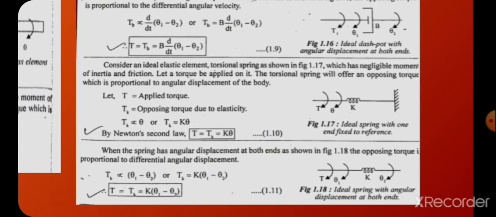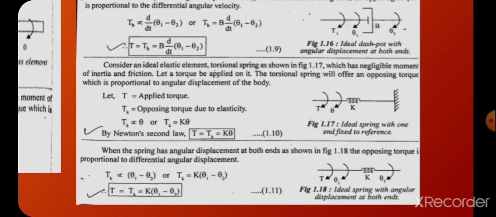So next we are considering that when we are applying a torque capital T, the spring has displacement at both ends. That means, as shown in this last figure, the displacement at one end is theta 1 and the displacement at the other end is theta 2. So we can write the opposing torque equation as Tk is proportional to theta 1 minus theta 2, Tk is equal to K into theta 1 minus theta 2.